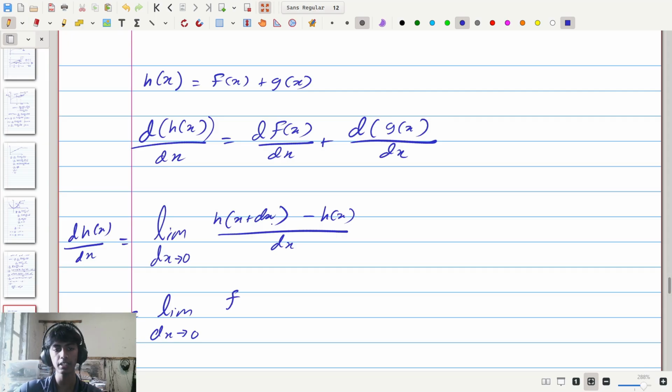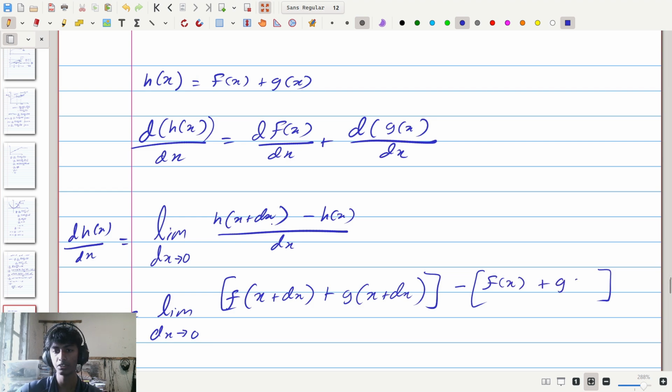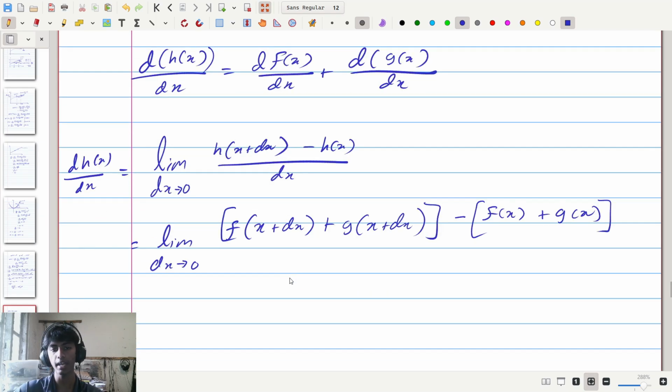This is what h of x plus dx is, minus h of x, which is simply f of x plus g of x. And on the denominator, of course, we have dx.